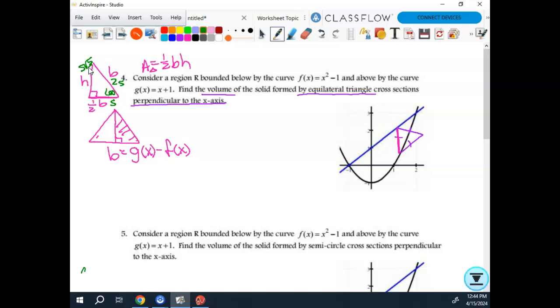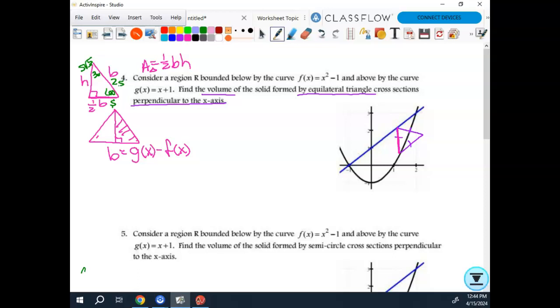So this is 30, this is S for short leg. Yes? No? Maybe? Rings a bell, but it's a quiet bell.